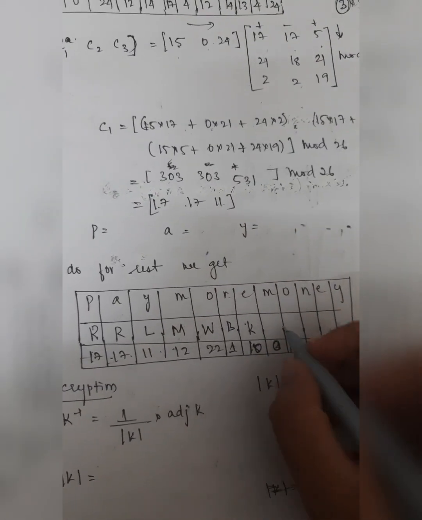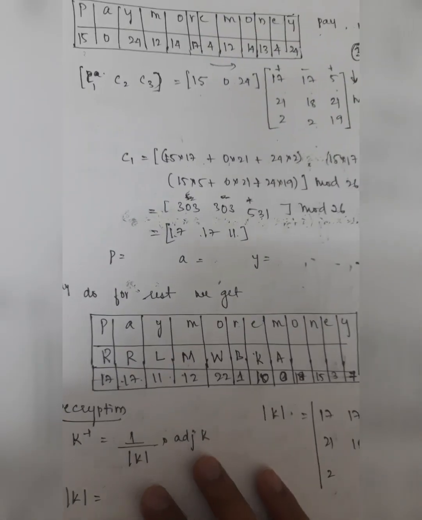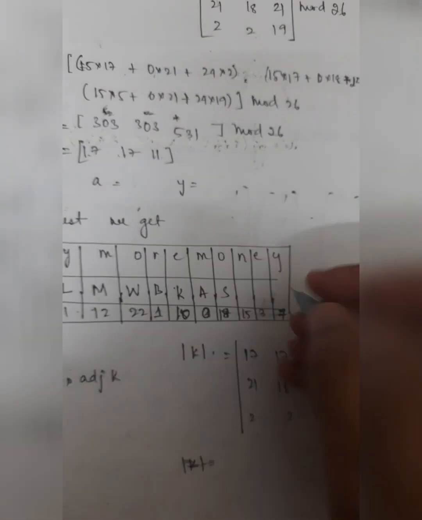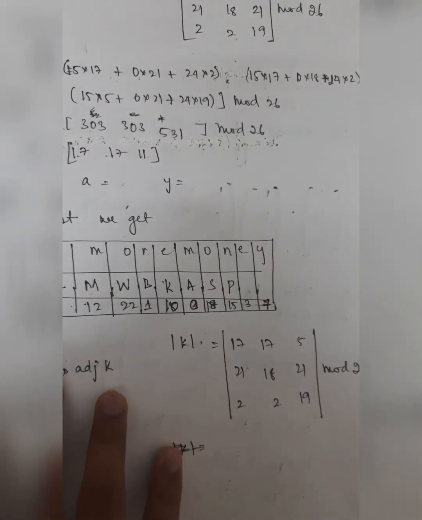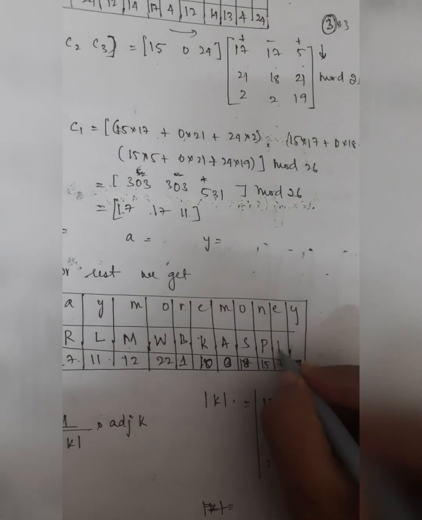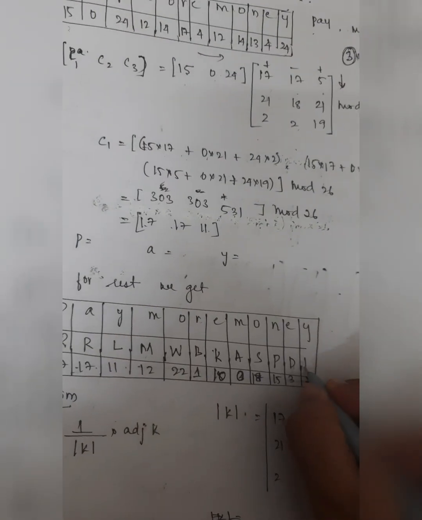K. And then what is 0? 0 is your A. What is your 18? 18 is S. 15 is your P. Then alphabet 3 is your D, and 7 is your H.